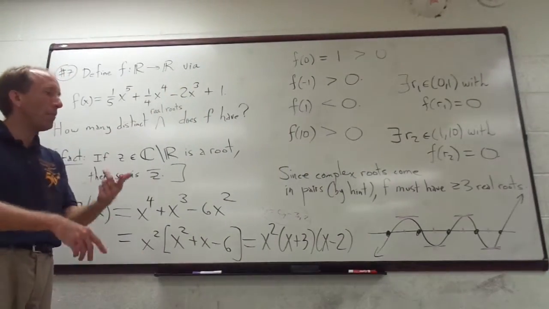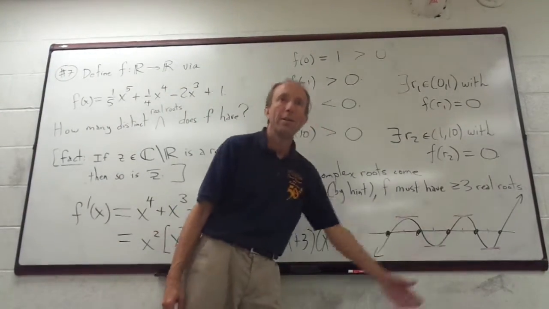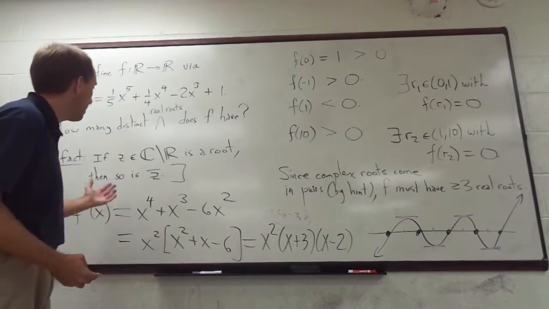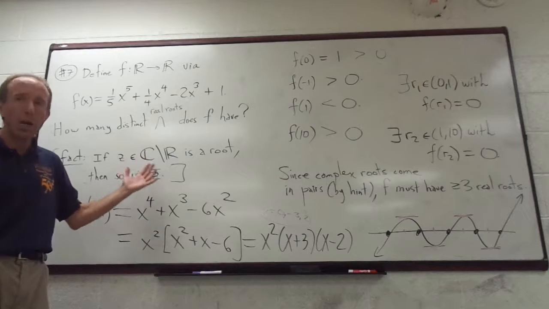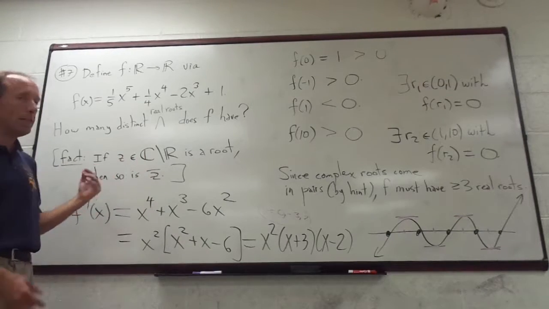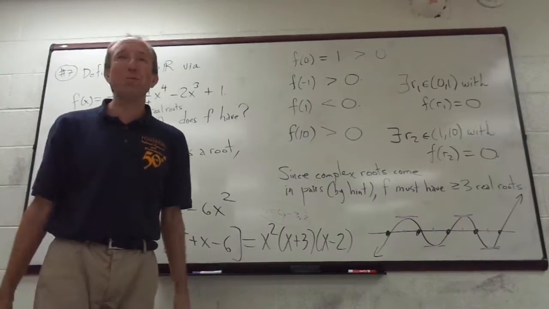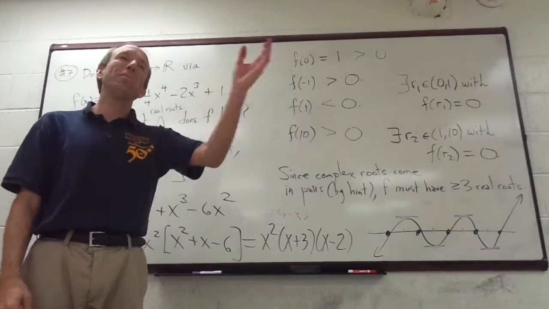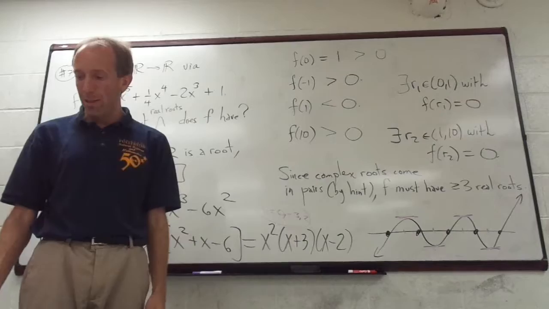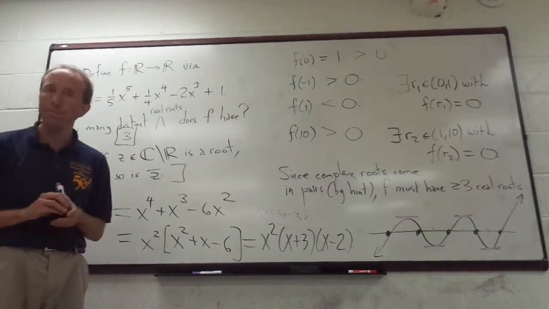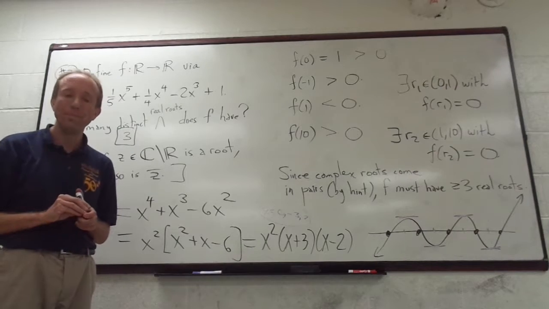You can't have 4 real roots or 2 real roots because it would give you an odd number of non-real roots, which violates my hint. And we've shown that there's more than 1 real root. So out of all the numbers, the only one left is that there's 3 distinct real roots. That is the answer.